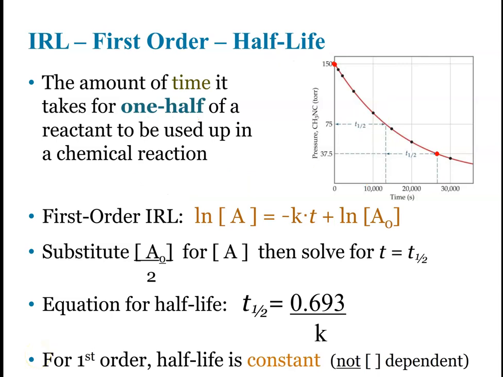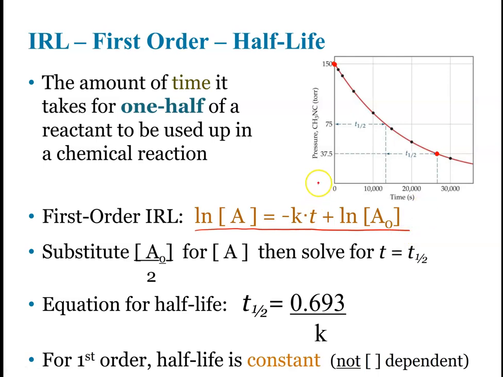Now, just as with the integrated rate laws, where each one had a different look to it, each order of reaction has a different half-life look to it. So let's take the first order half-life and look at that one first. In the first order half-life, you could start out with the integrated rate law for that first order reaction.